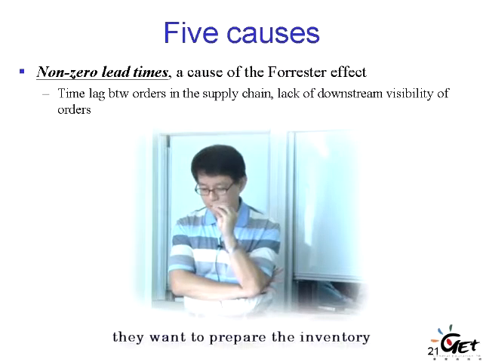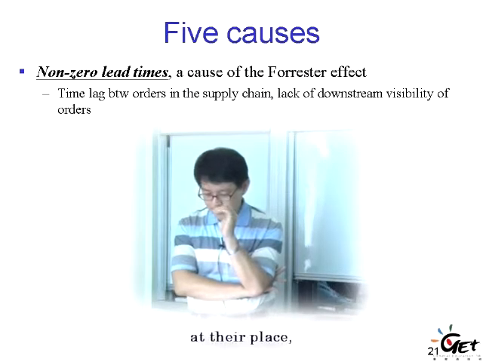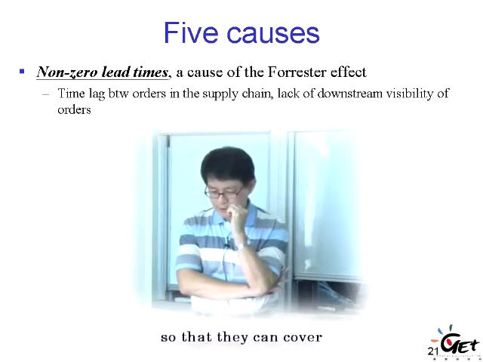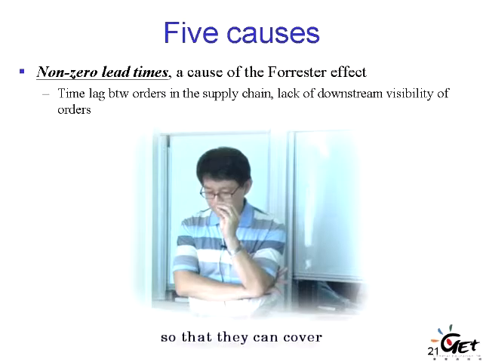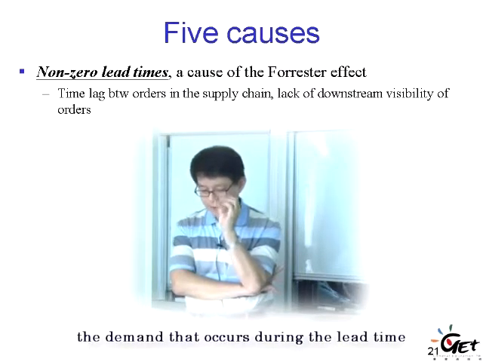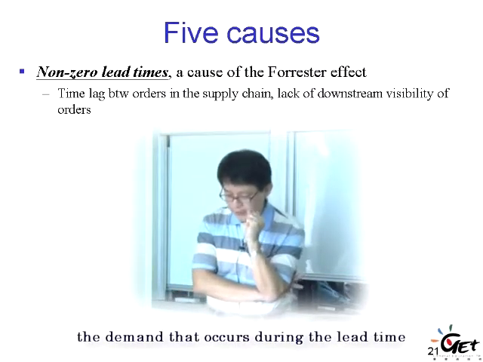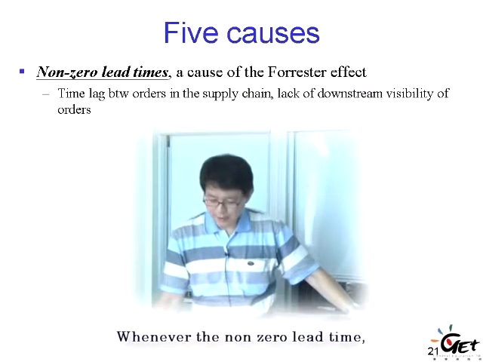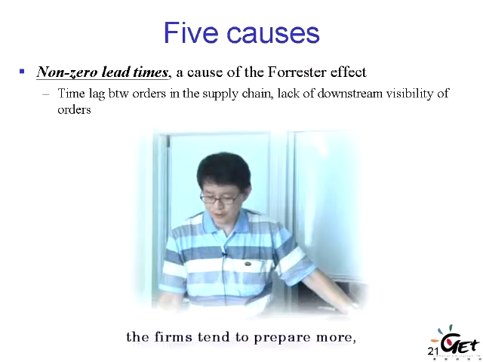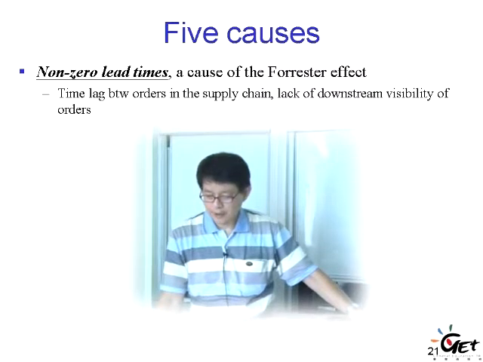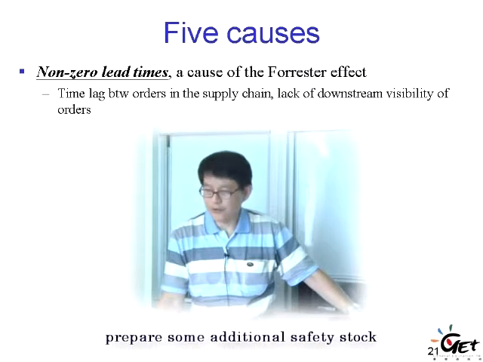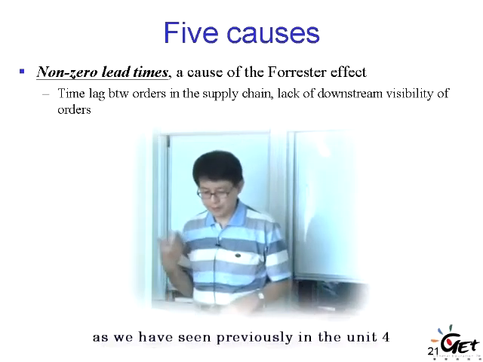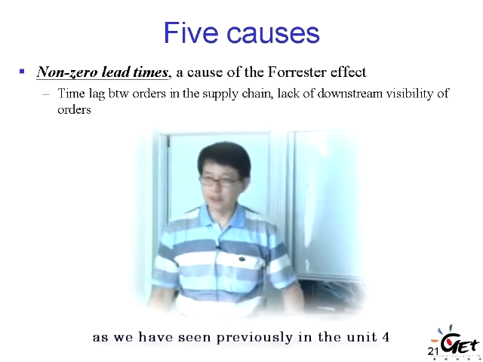They want to keep inventory at their place so that they can cover the demand that occurs during the lead time. So whenever there is a non-zero lead time, the firms tend to prepare some additional safety stock, as we have seen previously in Unit 4.